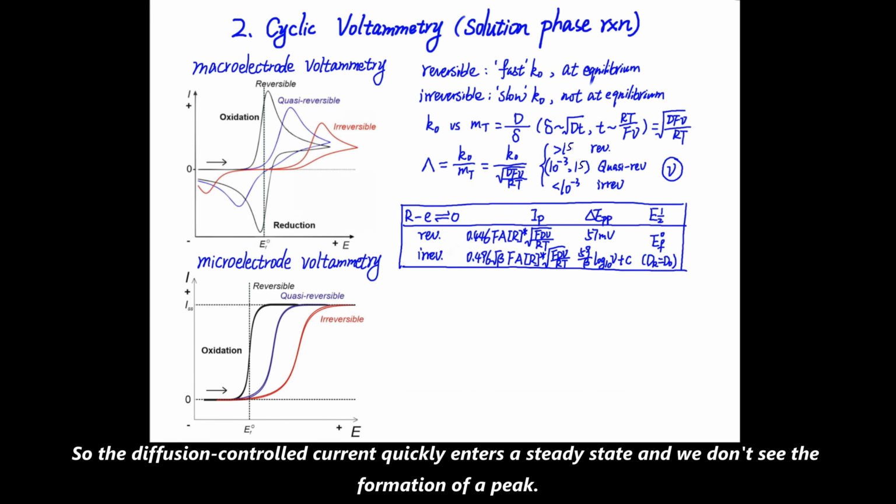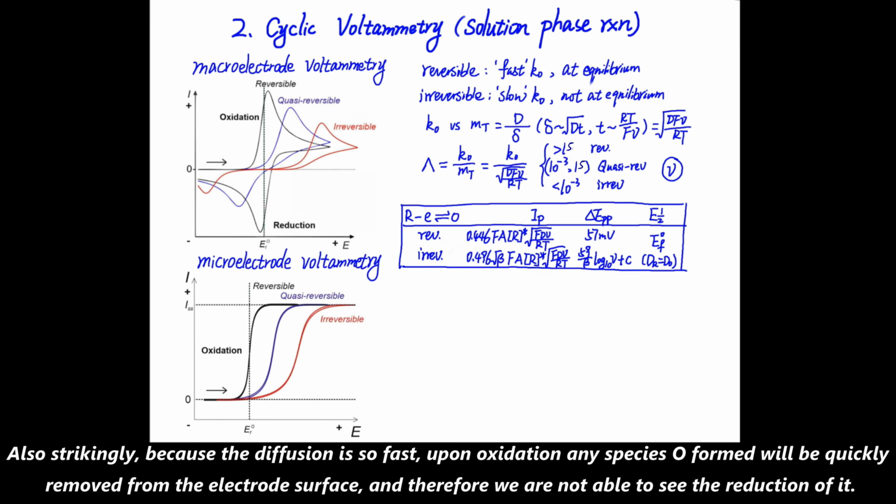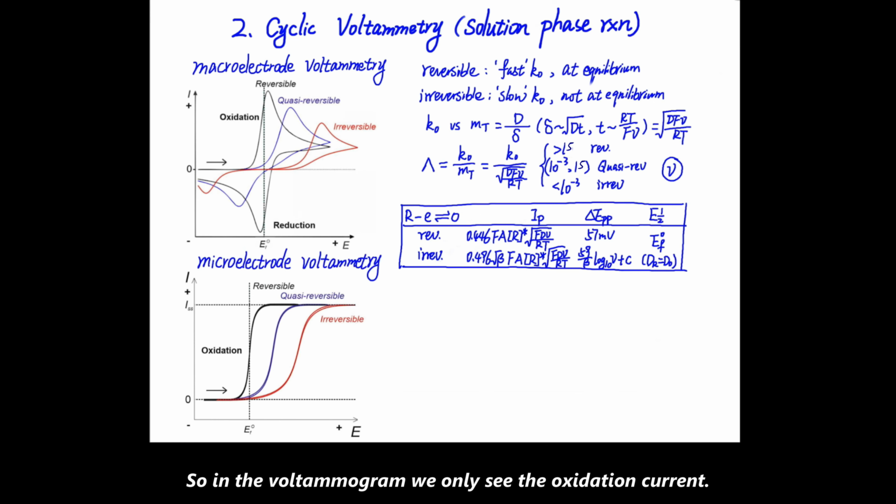So the diffusion-controlled current quickly enters a steady state, and therefore we don't see the formation of a peak. Also strikingly, because the diffusion is so fast, upon oxidation any species O formed will be quickly removed from the electrode surface, and therefore we are not able to see its reduction. So in the voltammogram, we only see the oxidation current.